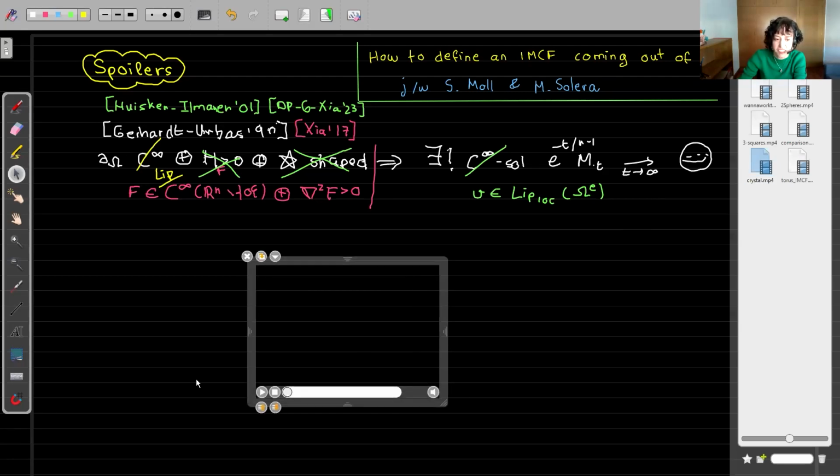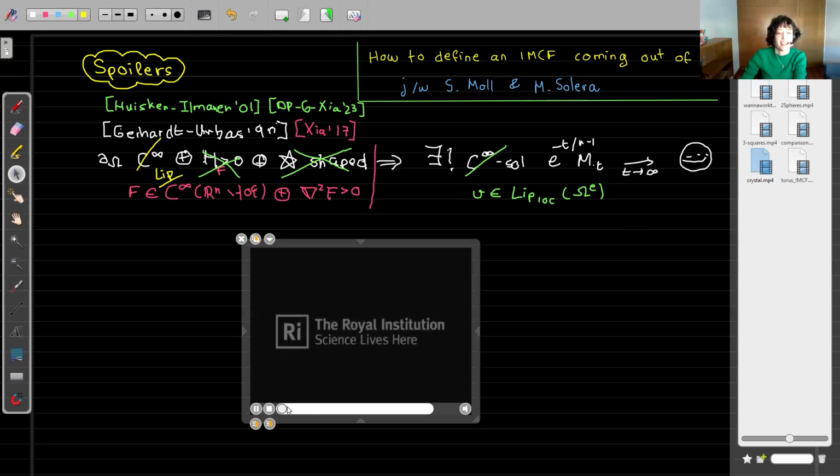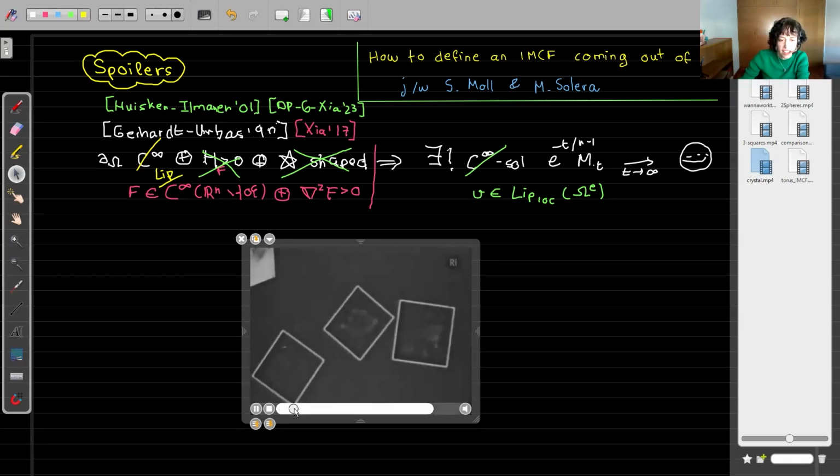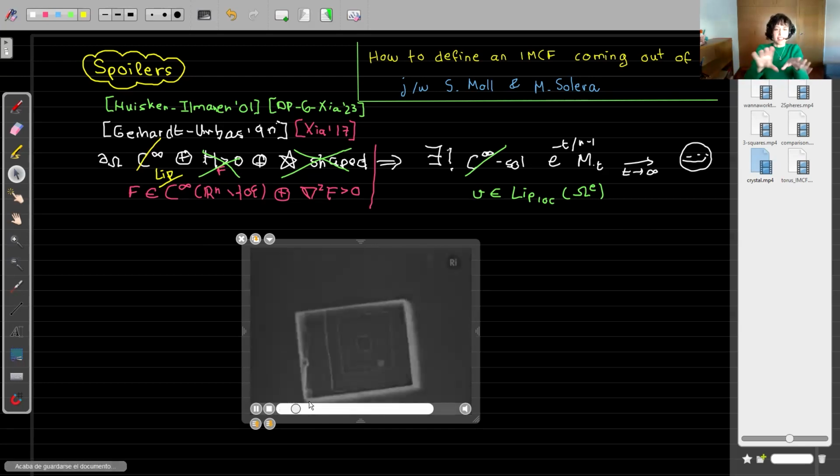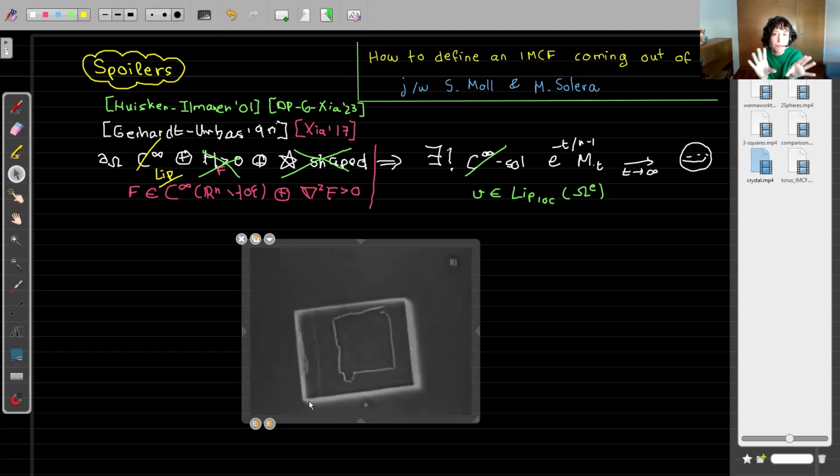This one is a scientific video from the Royal Institution of Sciences. In a minute, a square crystal will appear. And you see here that it evolves keeping the square shape more or less, and by all means keeping the corners, right?